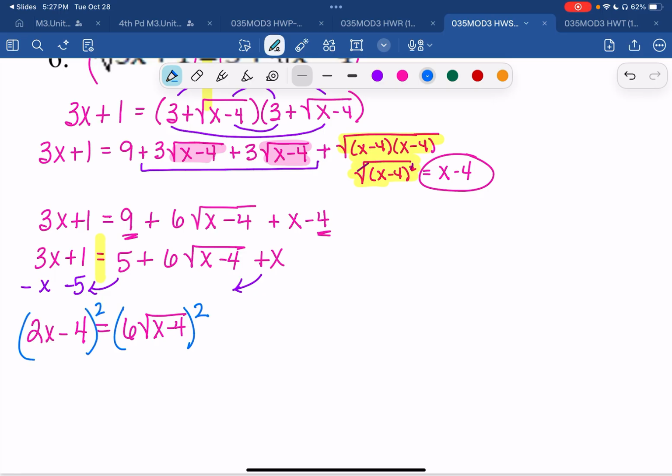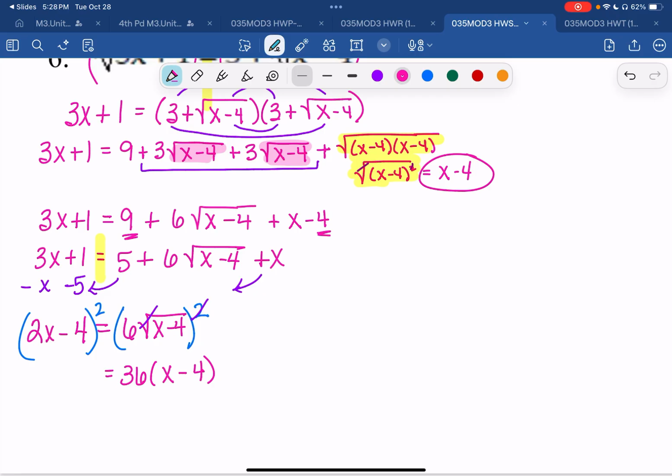When I do that, 6 square roots of x minus 4 squared, well, I still have to square that 6, and that's going to become 36. But my square root is going to go away, and I've just got x minus 4.